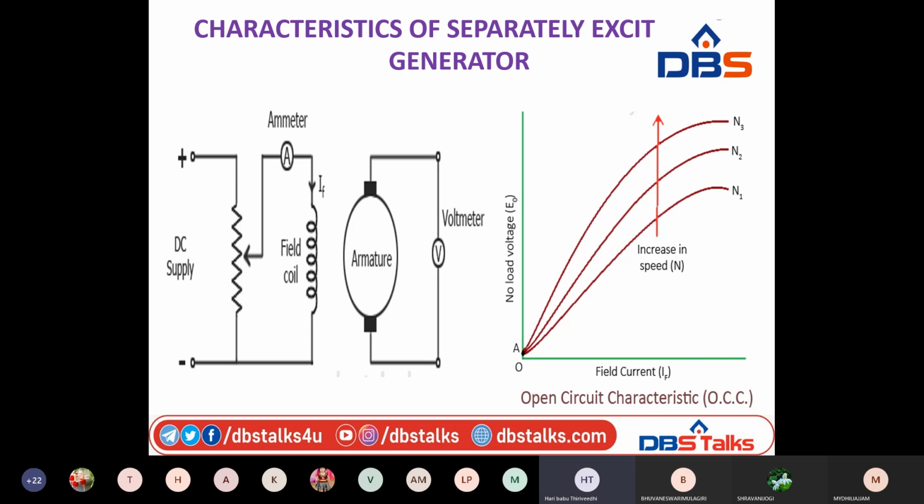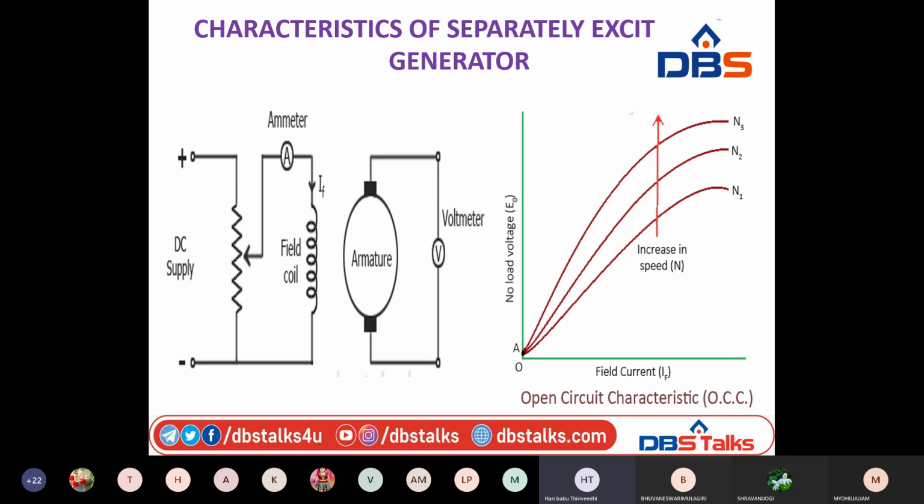After some time, suppose look at the figure. My cursor is near N1. After increasing IF more and more, E naught does not change. Why? Because the magnets are saturated. Because the magnet is saturated, flux becomes constant. When flux becomes constant, EMF is also constant.